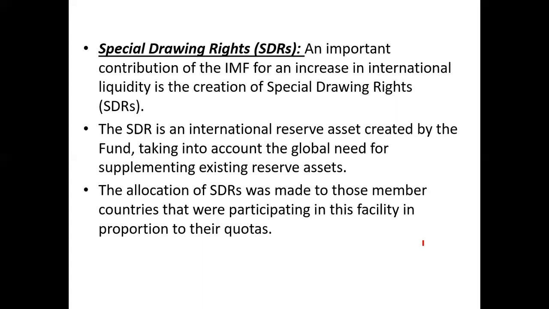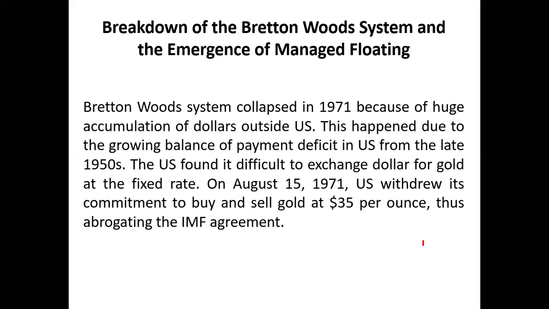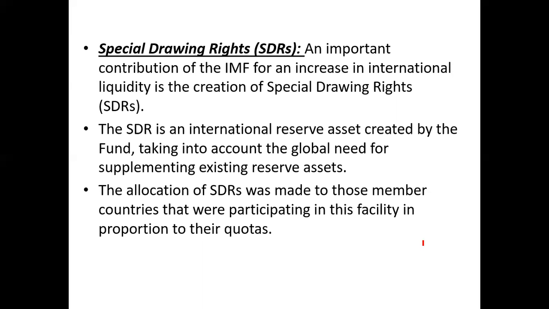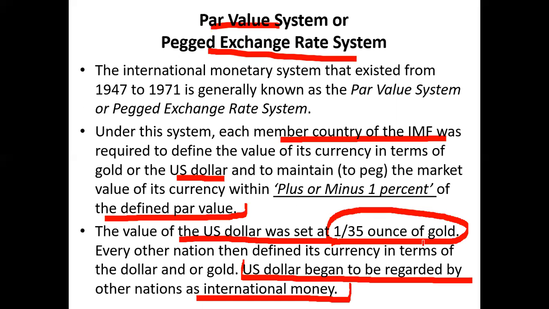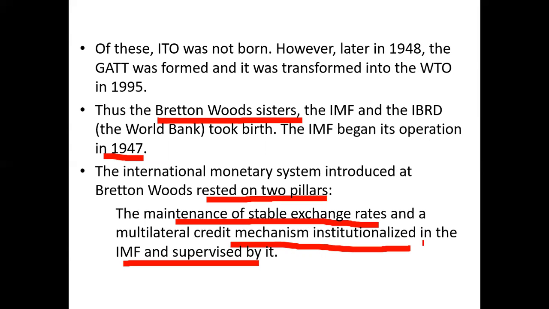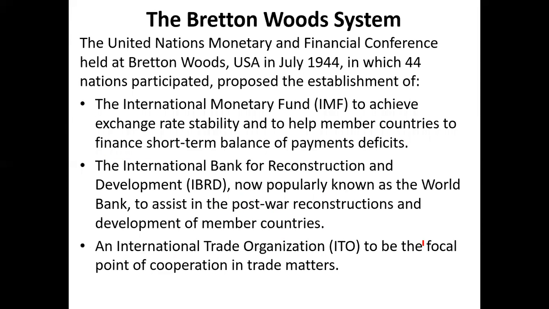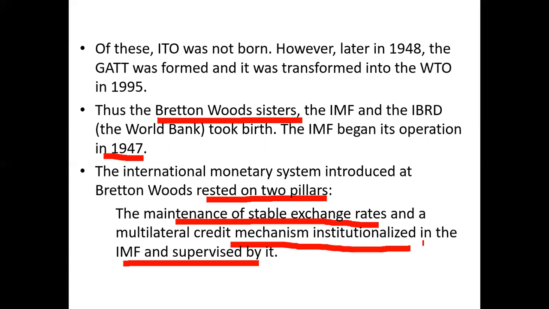Now, here we see the Bretton Woods system. The Bretton Woods system existed during this period, 1947 to 1971. And you know that the Bretton Woods meeting was held in 1944. Then 3 institutions were proposed to be established, and by 1947, the IMF started its operation.